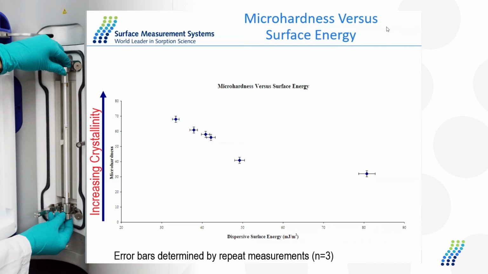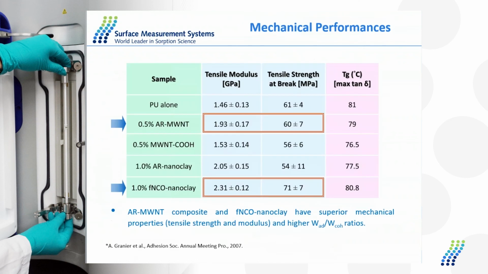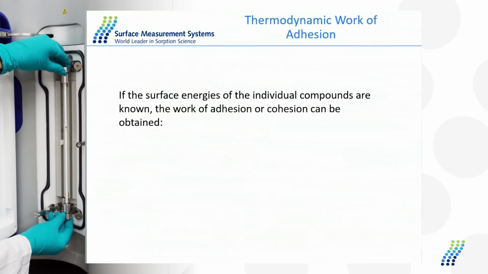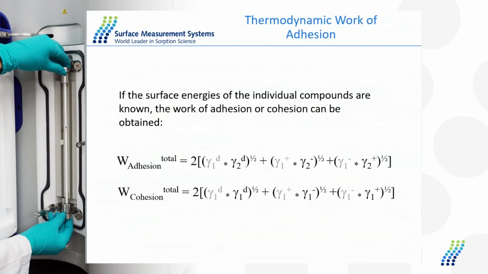Dan, there was a question. Can you explain again how we're measuring work of adhesion versus work of cohesion for powders? Sure, we can do that. So if I go back up just to this equation here, the work of cohesion is just based on the surface energy of the one material.